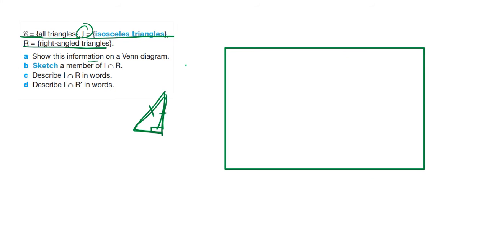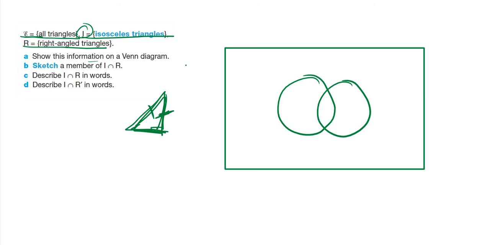It may be possible that some of these have both I and R. We can say that some of these may be in the I set or R set or both. This is the I set, this is the R set.